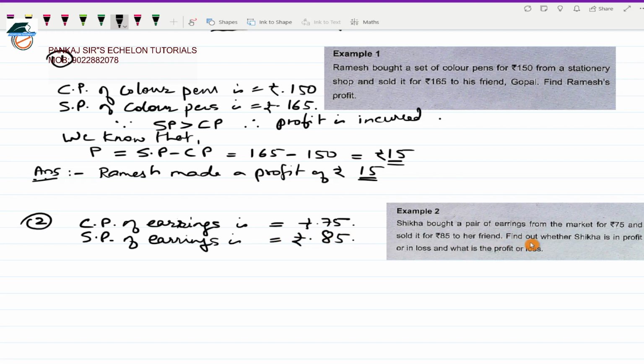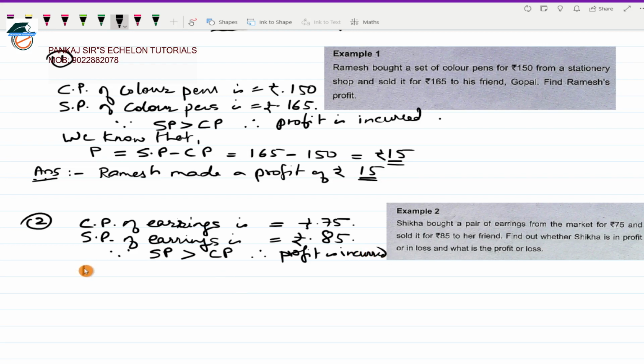Okay. Find out whether Shikha is in profit or loss and what is the profit or loss that she has made. So to find out whether Shikha made a profit or a loss, we'll check whether selling price is greater than cost price or cost price is greater than selling price. So you can see here that since selling price is greater than the cost price, therefore profit is incurred. Okay.